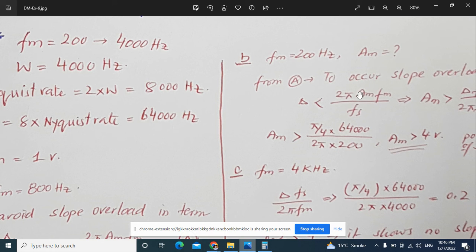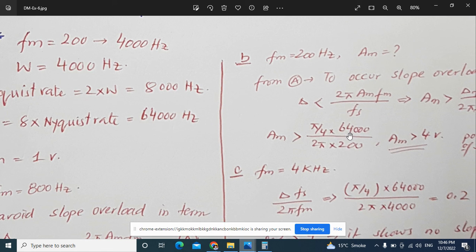You can rearrange this equation in terms of Am. So Am is greater than delta fs divided by 2 pi fm. You can use all the values. We have already calculated delta, which is pi by 40.